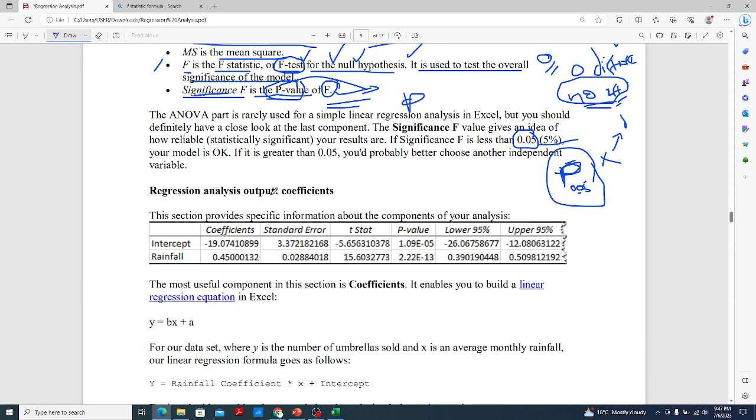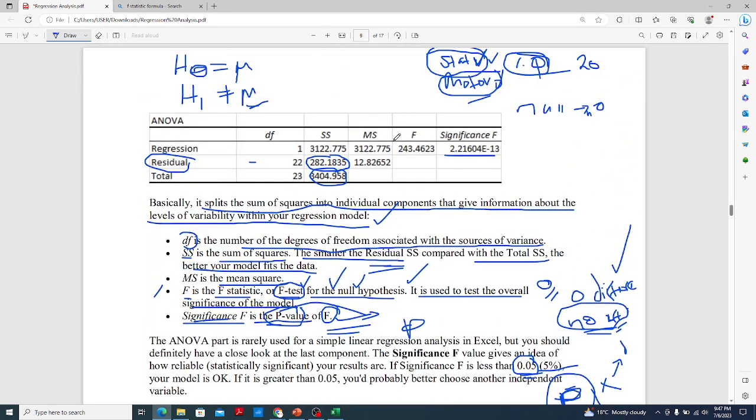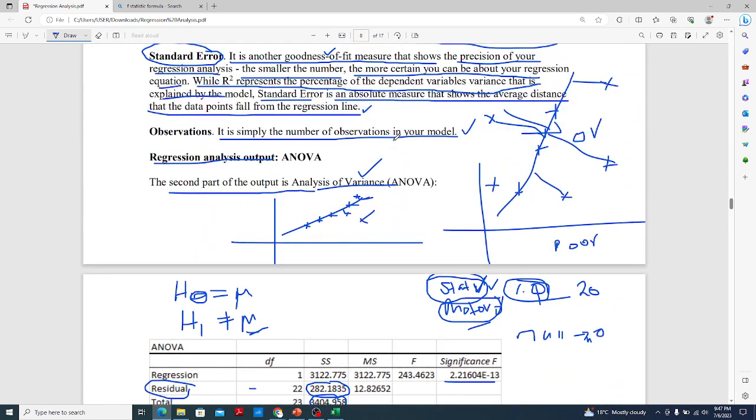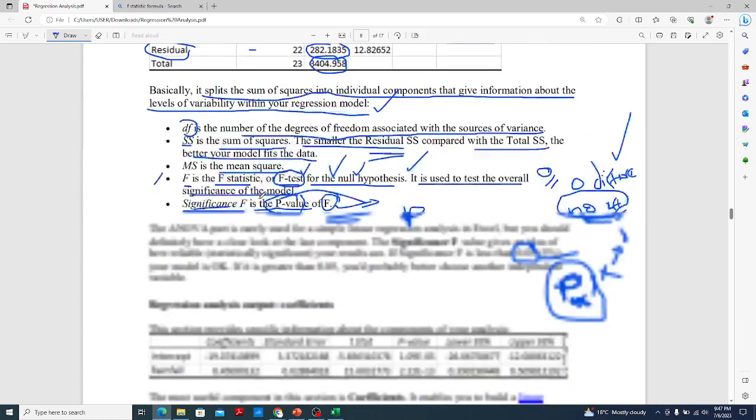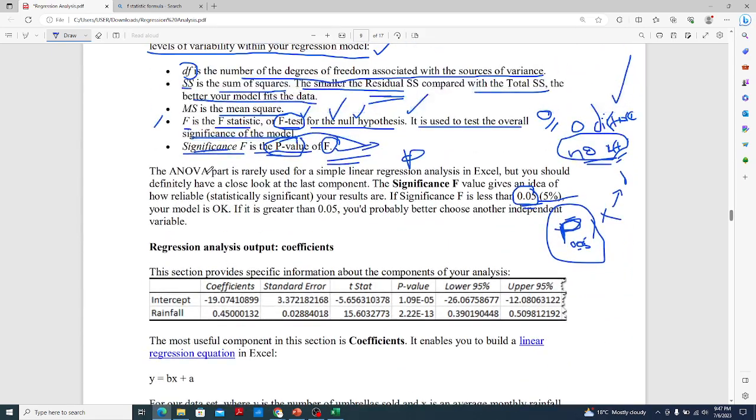So here our assumption is there is no difference, maybe in whether this model is accurate or not accurate. Yes, so let's now continue.